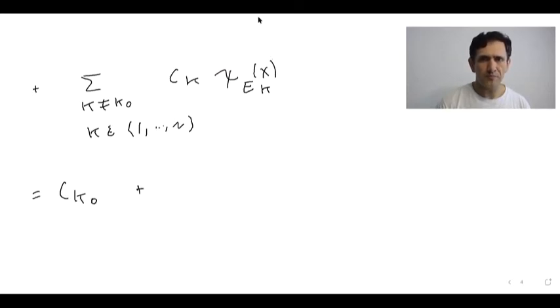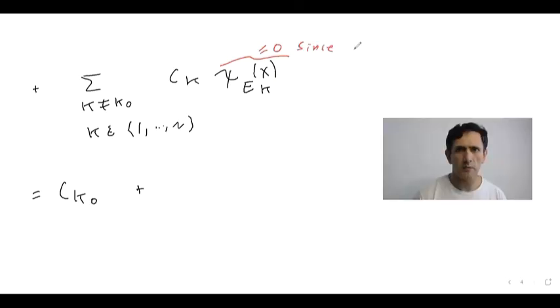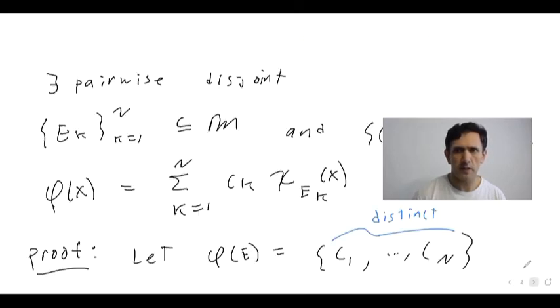Well, each one of these is going to be 0, and the reason why is pretty easy. phi of x is not c_k because it's c_{k_0}, and we're picking all these distinct.